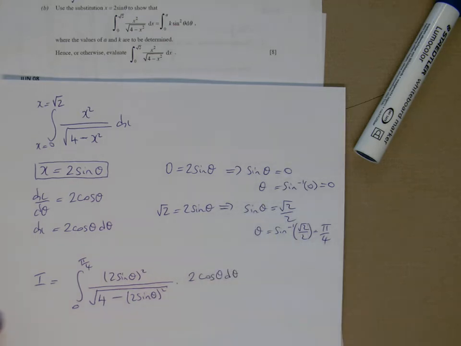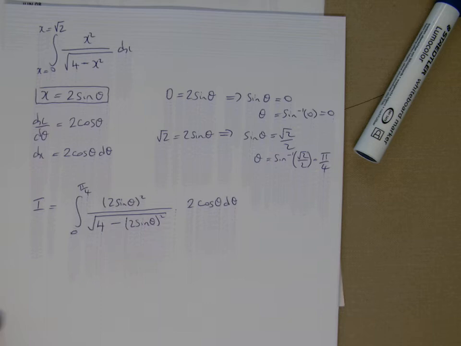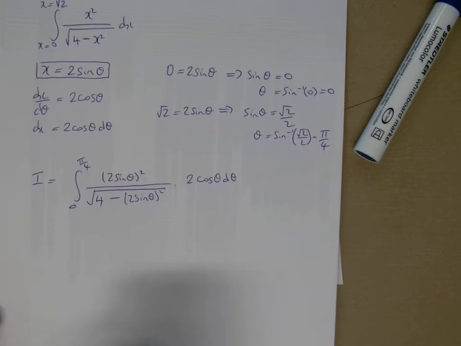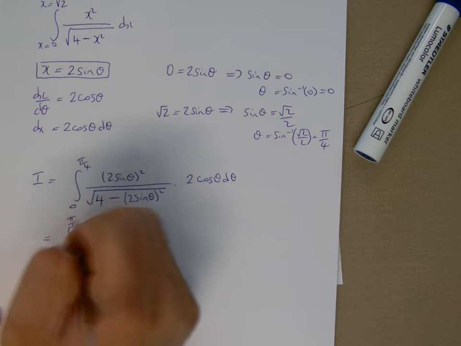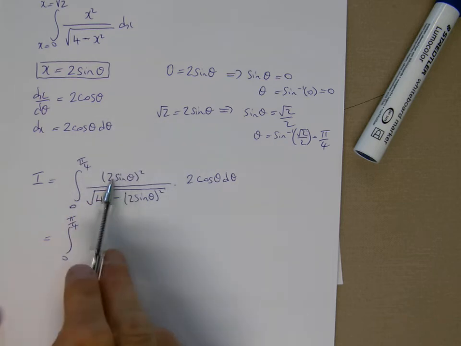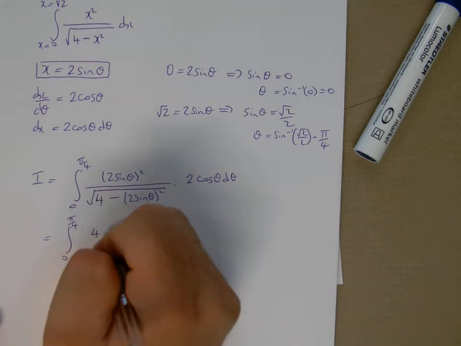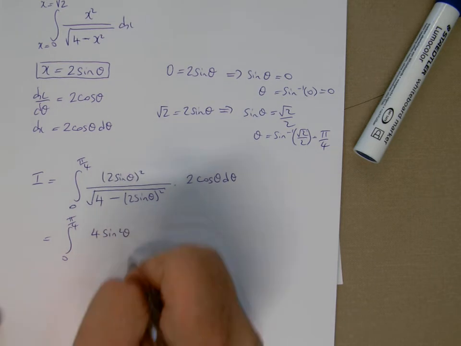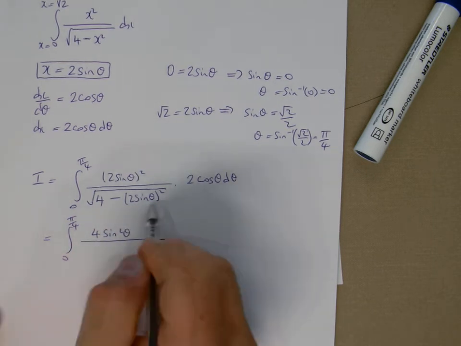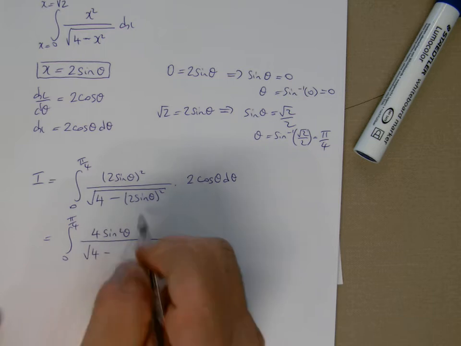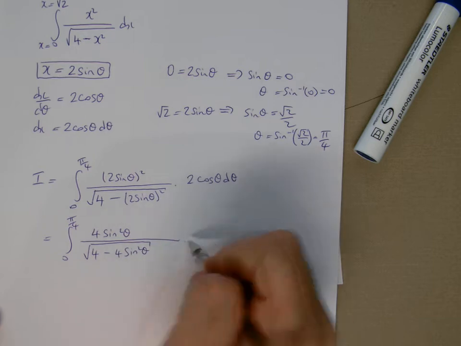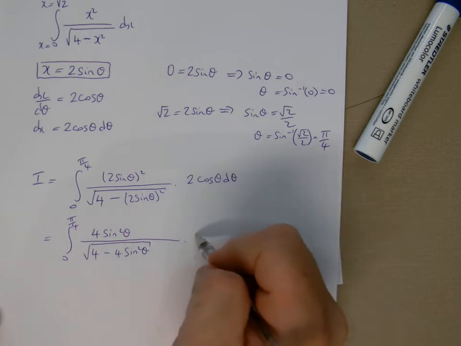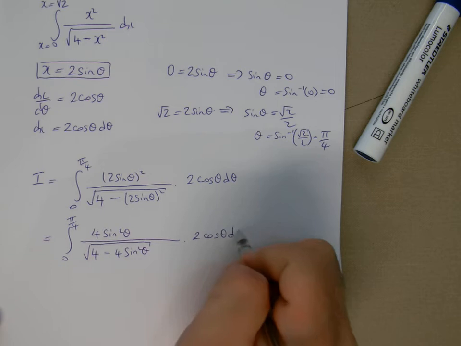So if we then simplify this integral, squaring that becomes 4 sine squared theta. The bottom becomes square root of 4 minus 4 sine squared theta, times 2 cos theta d theta.